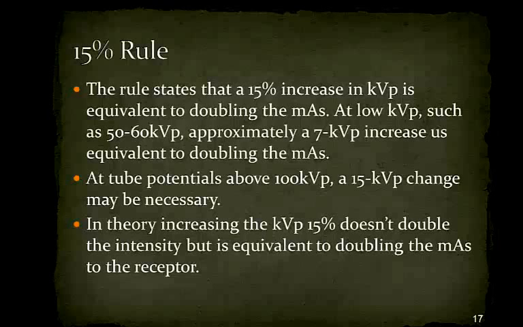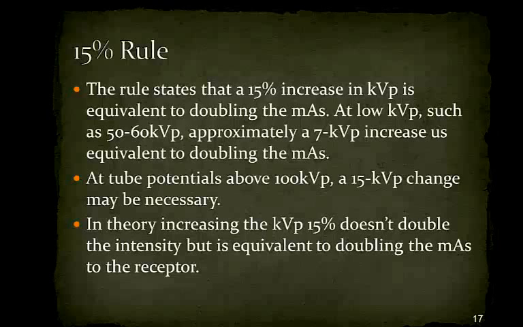So again, when we are considering kVp and mAs, let's say we are doing something like, just make it very easy, 100 kVp at 100 mAs. Okay, we get an image, we have to increase the density.